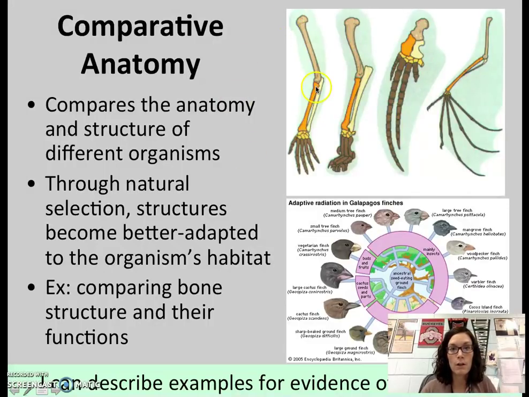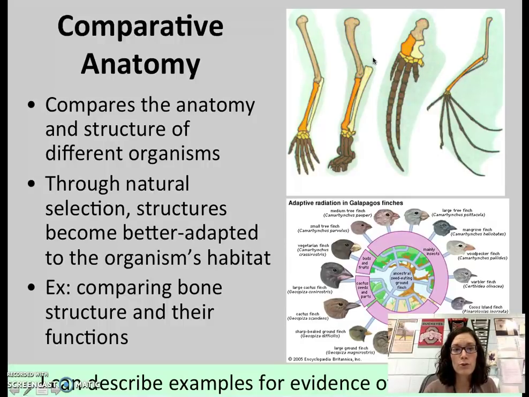So up in the right-hand corner here, we have the human arm, we have the cat leg, we have the whale, okay, and then the bat. And as you're going to look at on page 8 of your packet, for instance, the humerus. We see a humerus in the human, we see a humerus in the cat, the whale, and the bat.